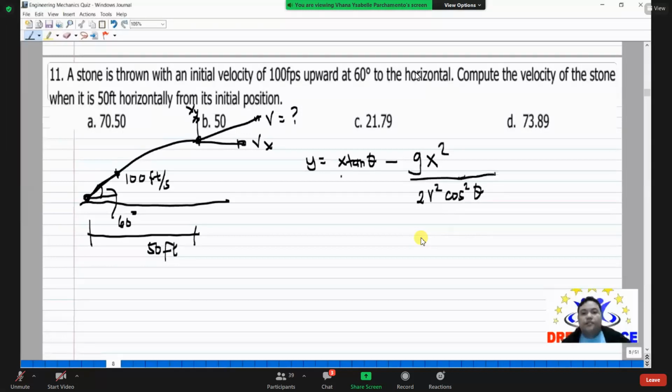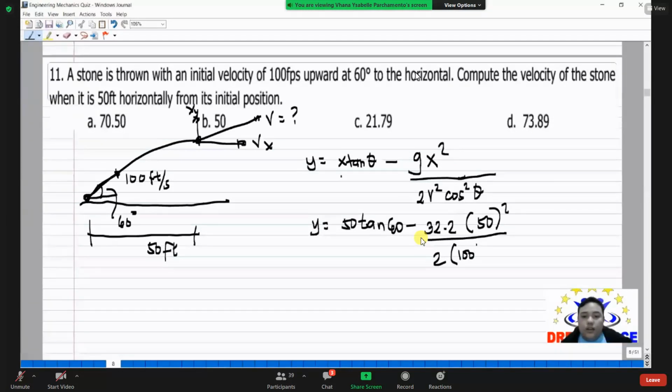Pares rin. Yan. So, kunin muna natin yung y dito. So, y is equal to, so 50 tangent of 60 minus yung g natin. So, since this is in English, so that is 32.2 multiplied by yung ating x, which is 50 squared all over 2 times yung velocity natin, which is 100 squared cosine of 60, the quantity squared.